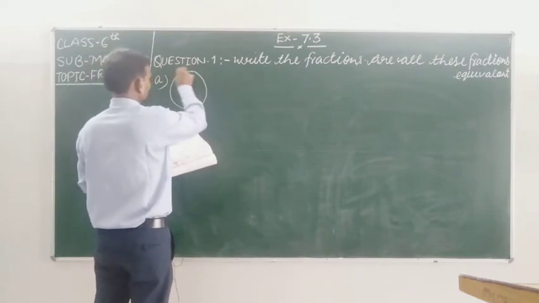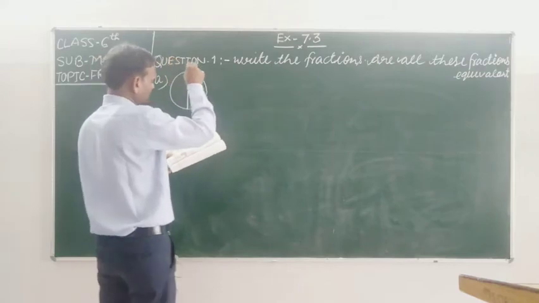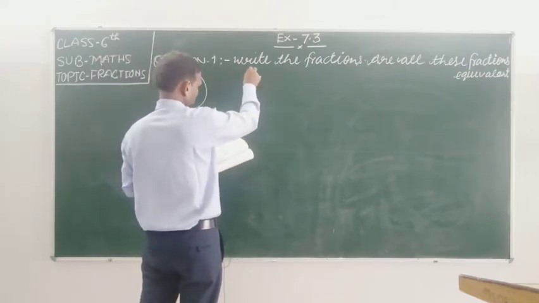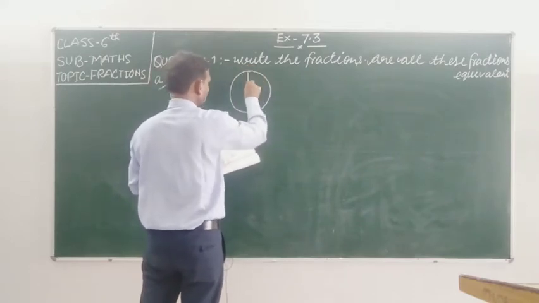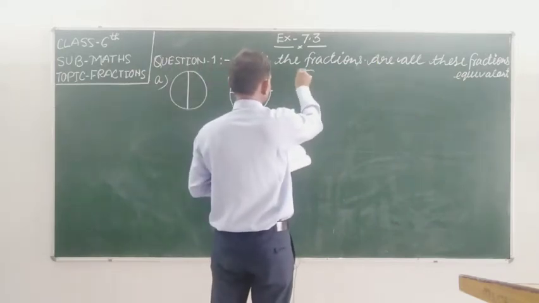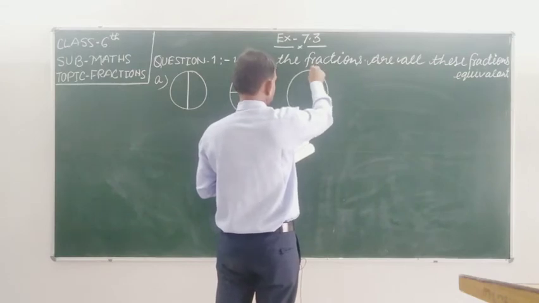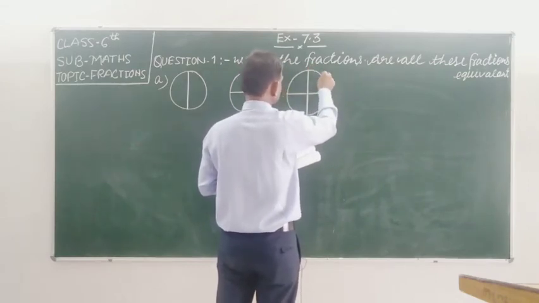Here is a circle and this circle is divided into two parts. Again, in second figure, also a circle, and this circle is divided into four equal parts, student. And in third circle, there are six equal parts.